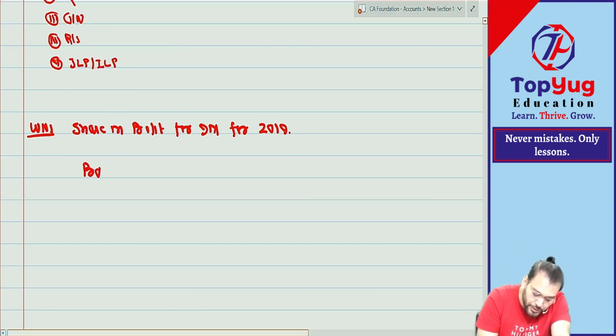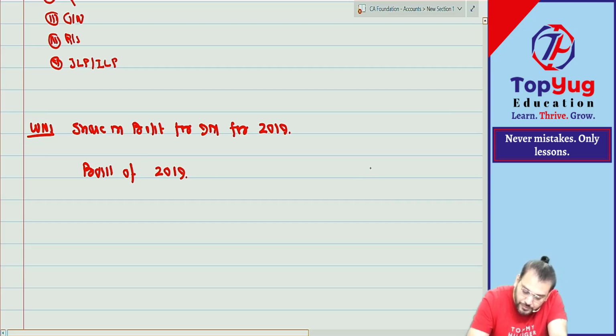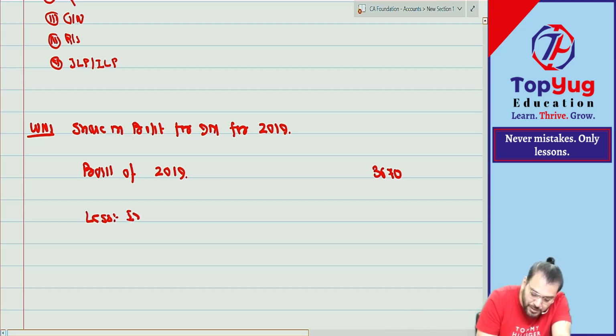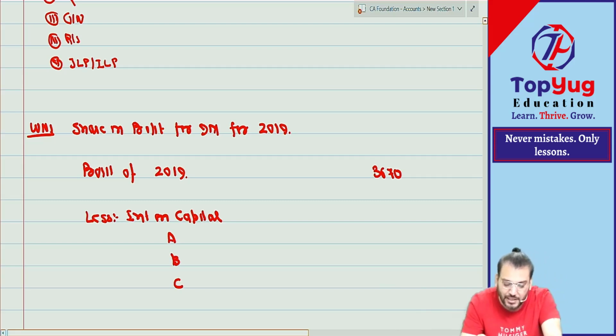What is the actual profit they have given? What is the profit of 2019? It will be 3670. From this we'll deduct interest on capital first, interest on capital of all partners A, B and C, because this is for 12 months.